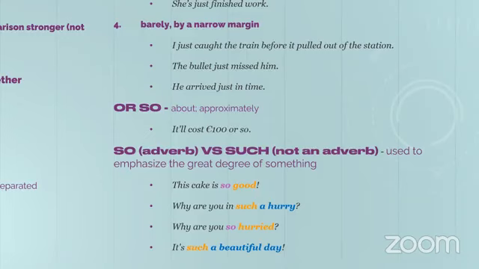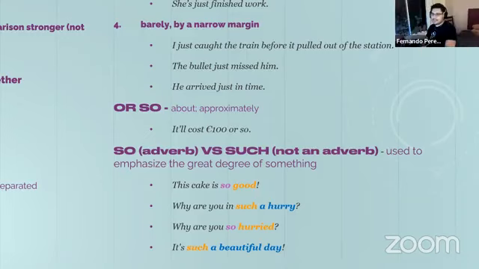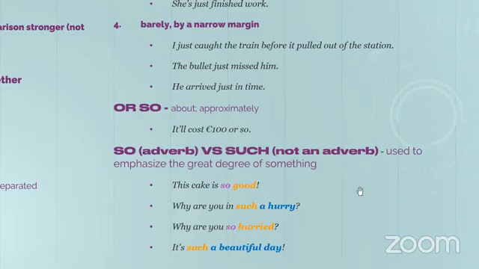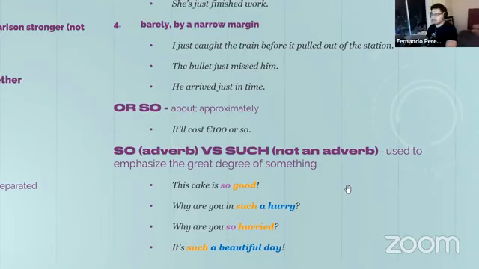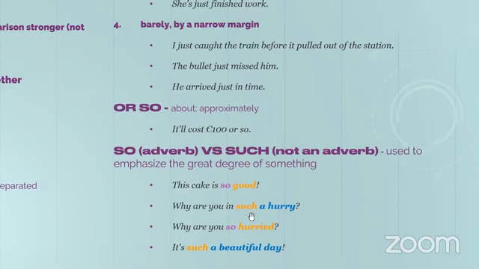Can you repeat that, please? I repeat. If you want to emphasize an adjective, use "so." So good, so hurried, so bad, so amazing. And if you want to emphasize a noun, a situation, then you use "such." Okay.